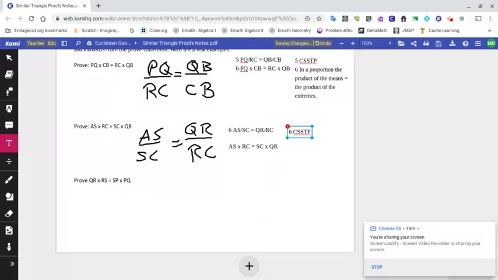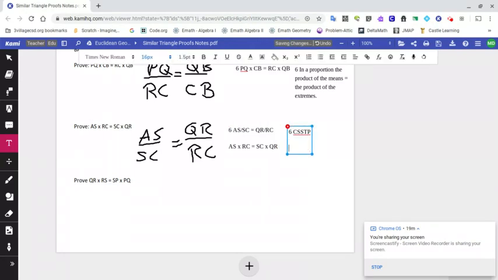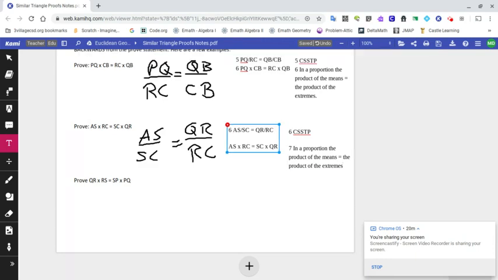Okay, so we are then going to say, step 7, in a proportion, the product of the means equals the product of the extremes. Okay, so that's that. Those would be the last 2 steps, assuming, again, that the proof of the 2 similar triangles took 5 steps. Okay, these would be steps 6 and 7.